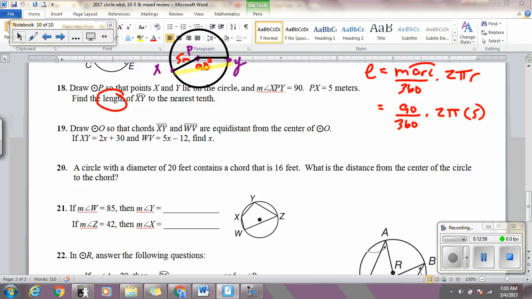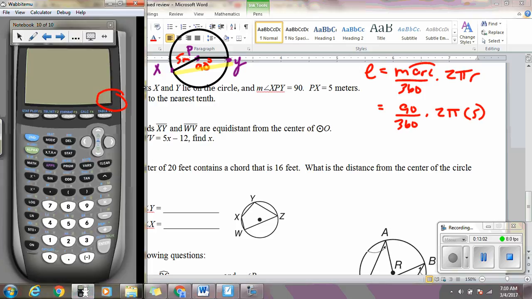Now we have everything we need to find the length. So we just need our calculator. You can do it in one step in a graphing calculator, or you have to do it in a series of steps in a basic scientific calculator. But you don't have to have a fancy calculator to get this done, folks. That's not an excuse. The first thing I would do is put 90 divided by 360 in parentheses. You can use the fraction template or use the division sign.